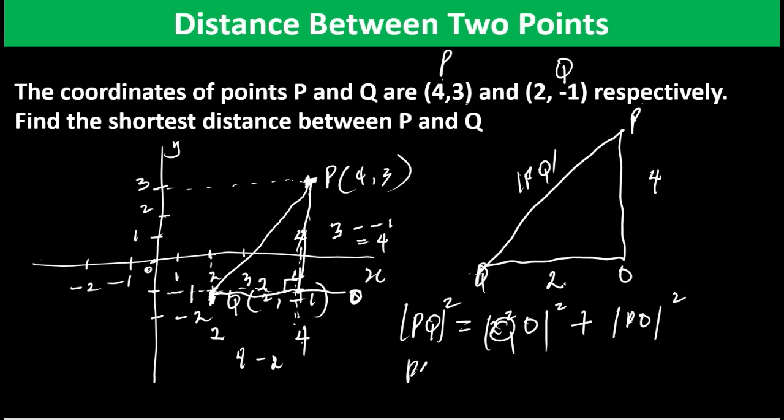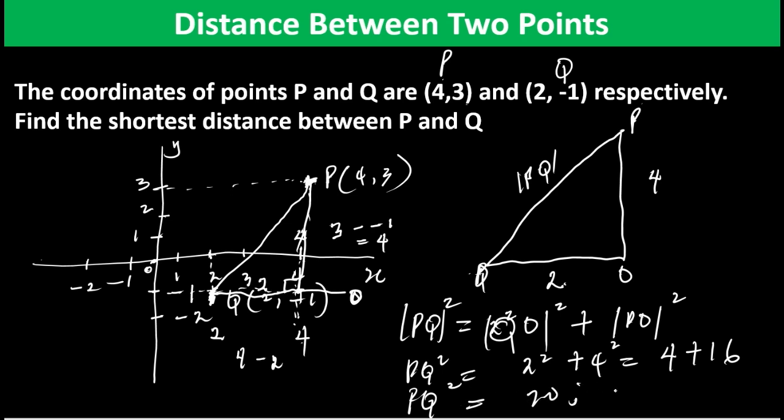So that PQ all squared will be the same thing as 2 squared plus 4 squared, which is the same thing as 4 plus 16. Now, PQ squared is the same thing as 20. Now, to find PQ, all I need to do is find the square root of both sides. So that PQ will be equal to the square root of 20. And the square root of 20 is 2 root 5. You can use your calculator to easily resolve that. With this, I hope you understand the first method.